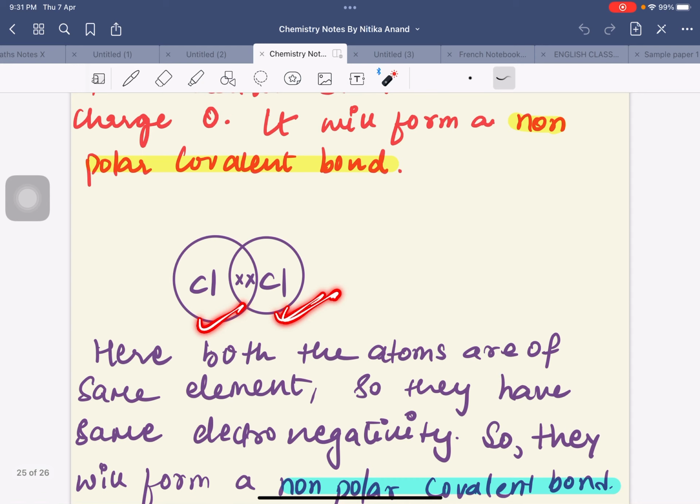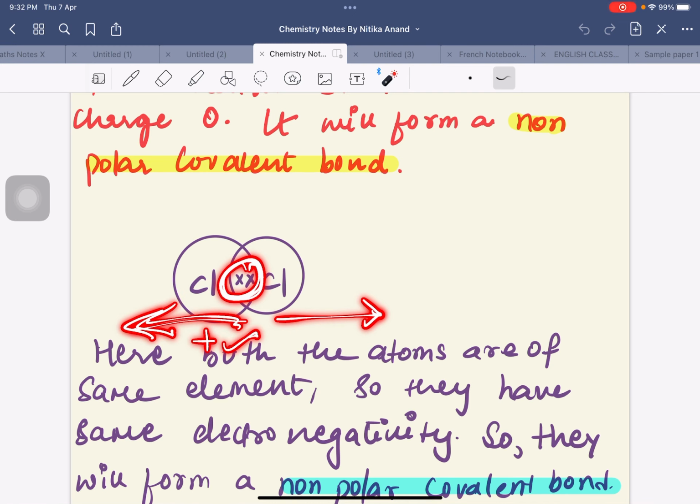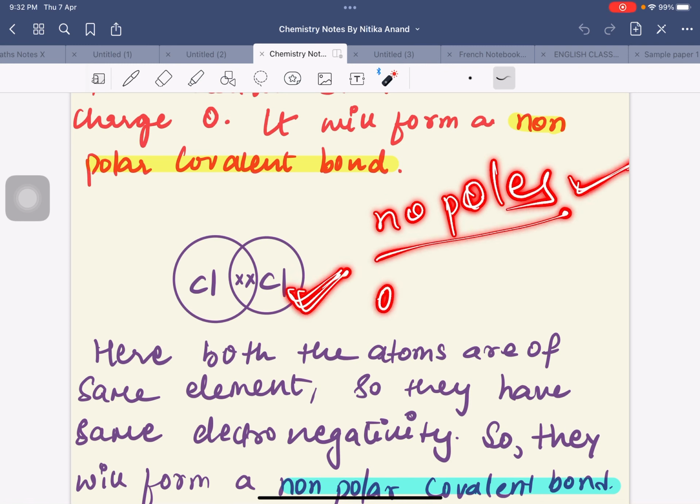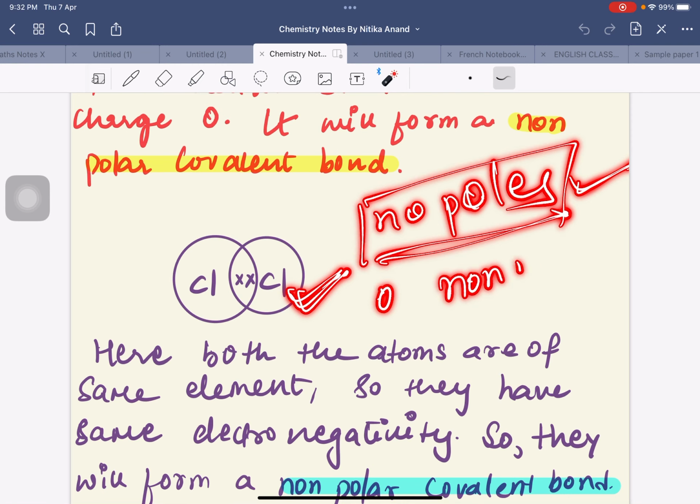Both of them have equal electronegativity, because of which both will pull this shared pair of electrons towards themselves with the same force. Due to this, the net force cancels out and becomes 0. Therefore, this electron cloud will move nowhere. It will remain stable. Hence, no poles are formed because of their equal electronegativity and net charge 0, so it's a non-polar covalent compound.